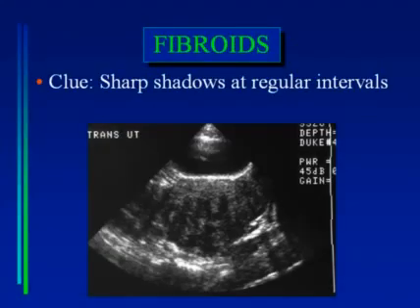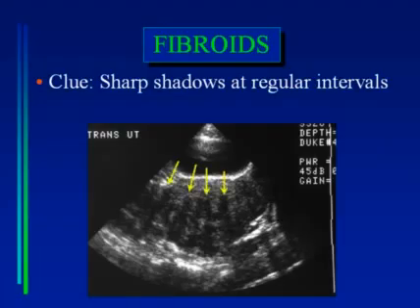So because fibroids can mimic so many other things and be mimicked by so many other things, it's useful to have some clues that can help one make a positive diagnosis of a fibroid. And one of these clues is to see sharp shadows at regular intervals, like we see here.